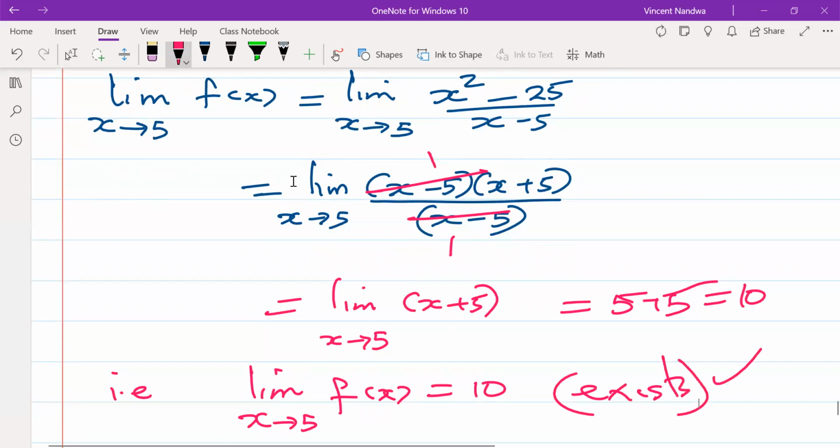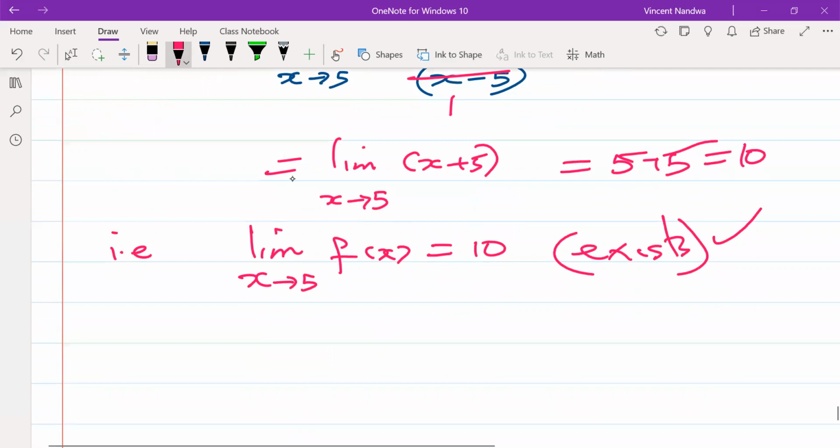So what is the third condition? We are confirming the conditions that must be satisfied for us to conclude that the function is continuous.